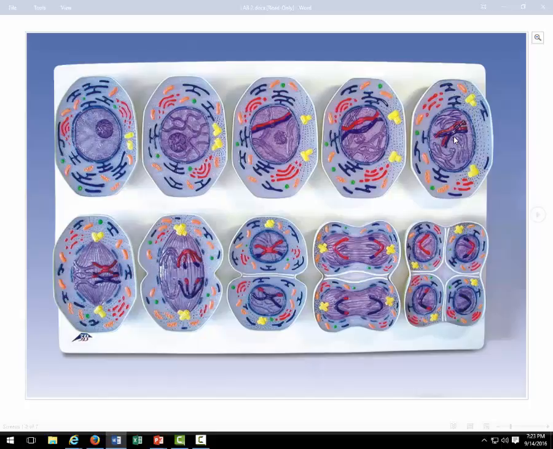So you're going to say prophase 1, metaphase 1, anaphase 1. If they're single chromatids, see they're not X's anymore in these examples, then you know you're in meiosis 2. So this one is anaphase 2. So look for the single sister chromatids being pulled apart in meiosis 2. Does that make sense?